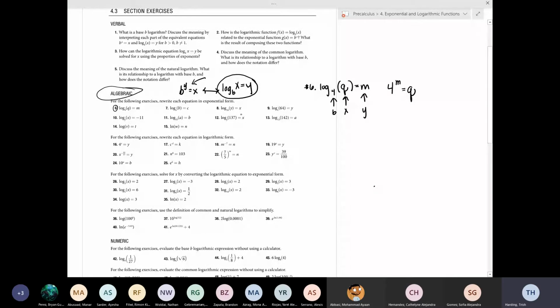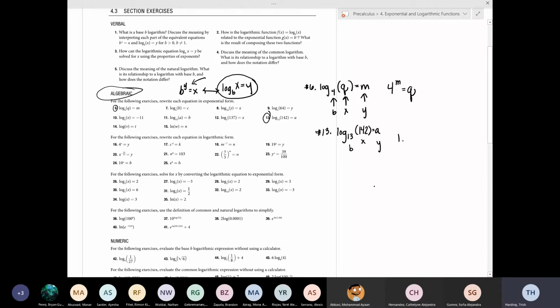Let's find one that may be able to be solved. Maybe this one, number 13. We have log base 13 of 142 equals a. This is b, this is x, and this is y.